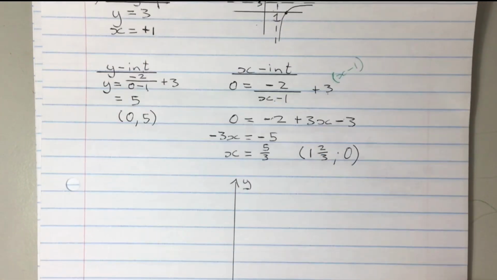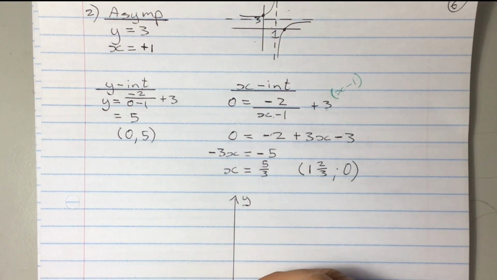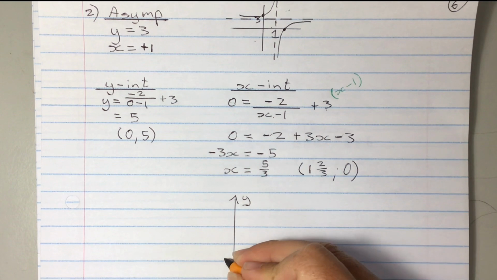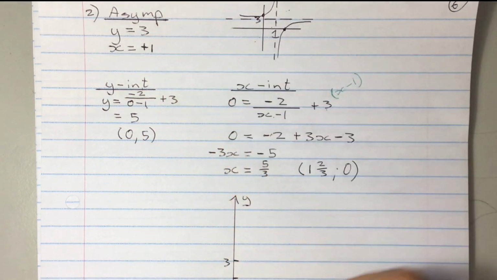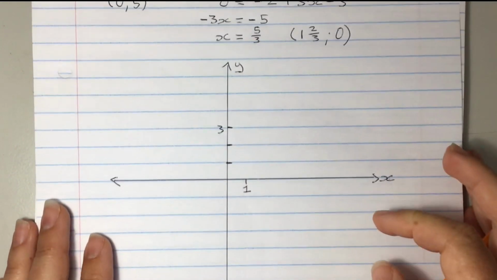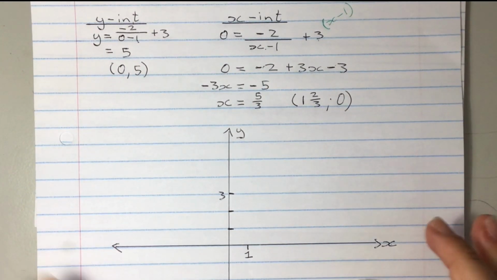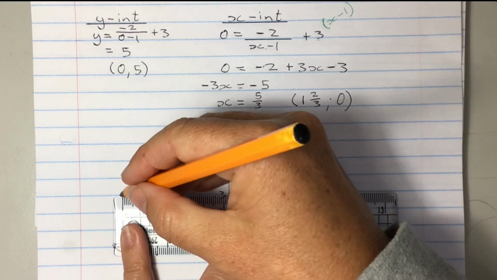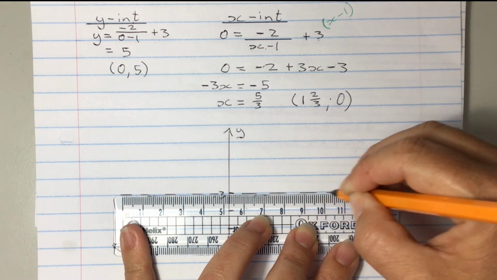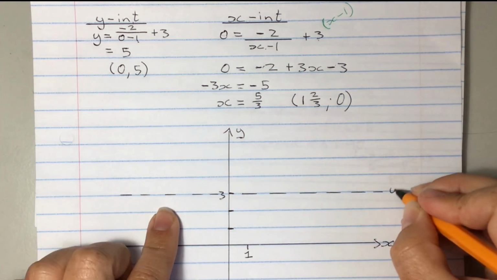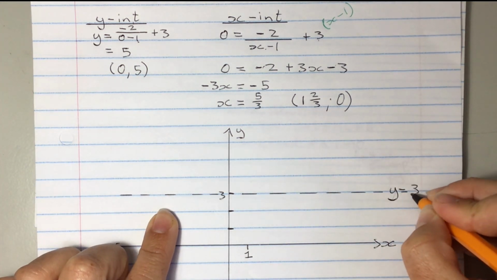First asymptote is at 3, so 1, 2, 3, and my vertical asymptote is at 1. So horizontal asymptote at 3, I should use the proper language. And let's draw that in. And don't forget to label it. y is equal to 3.